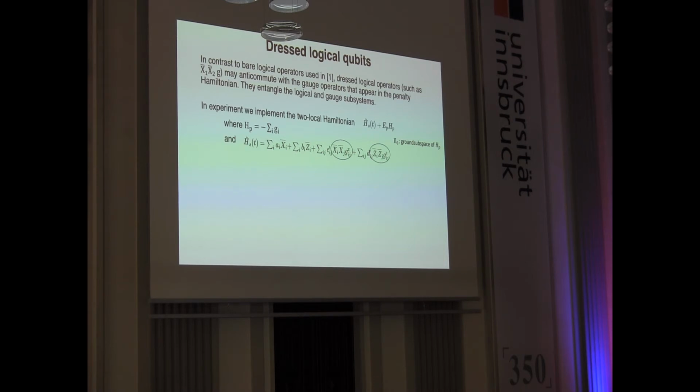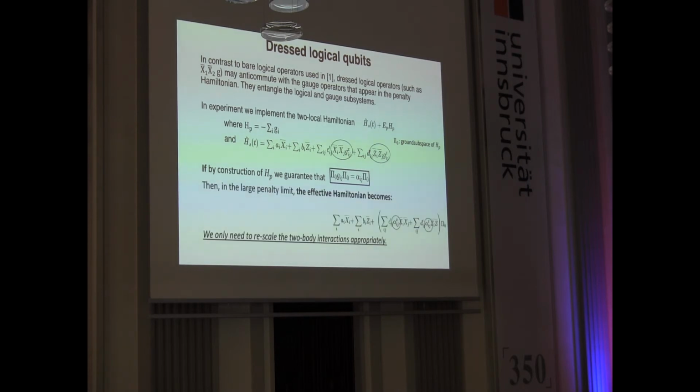They will show up, and if they don't satisfy the right properties, this would be a problem. But we can show that when constructing the penalty Hamiltonian, we can make sure that these gauge operators in the code space have some trivial effect, let's say some shift in the energy. Then I can compensate for their effect in the ground state by just rescaling the coefficients that I have to implement.